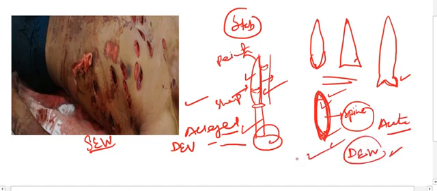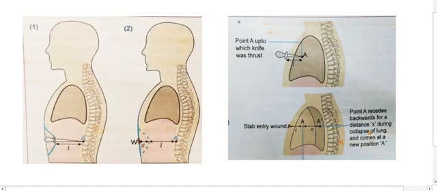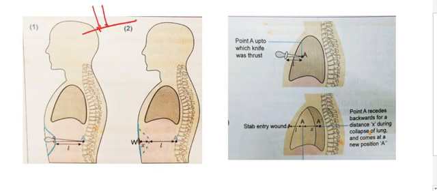So based on these features in the injury caused, we can determine the characteristic features of the alleged weapon of offense. Now, as we have discussed the dimensions of a stab wound, what happens if a stab wound is caused on unyielding surfaces like the chest? The depth is equal to the length of the blade. But what happens if it is caused on a yielding surface like the abdomen?